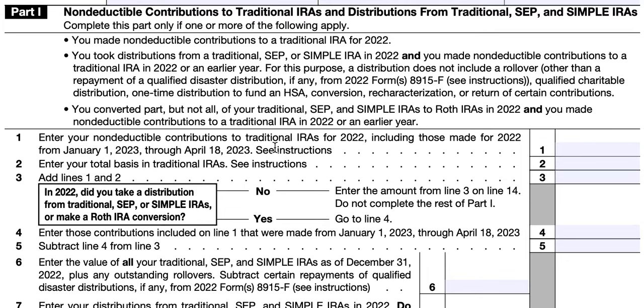You'll consider the money that has come out of the 401k but has not yet landed in the traditional IRA. You'll subtract certain repayments of qualified disaster distributions if there are any that apply. You would be filing IRS Form 8915-F, and you can follow the instructions if that applies to you.